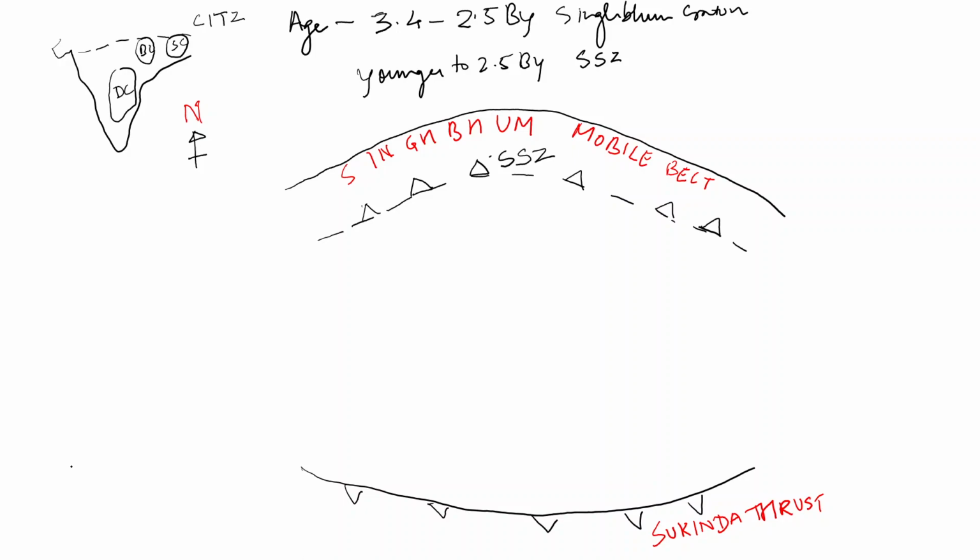The oldest rock formation in the Singhbhum Craton is the older metamorphic group, OMG, of which only a little portion remains at the present time. OMG is followed by older metamorphic tonalite gneiss. So these two are the oldest rocks in the Singhbhum Craton region with an age of emplacement of 3.7 billion years. Okay.